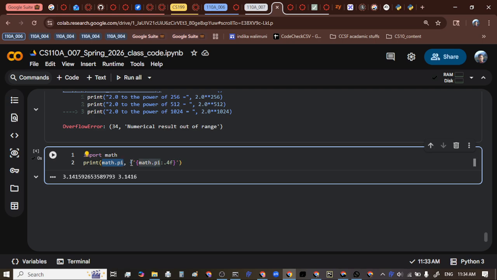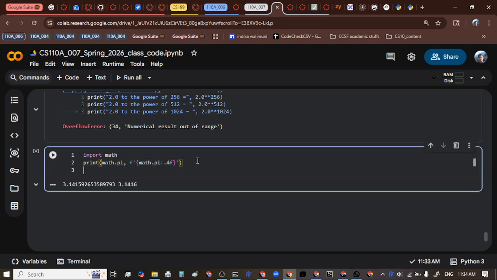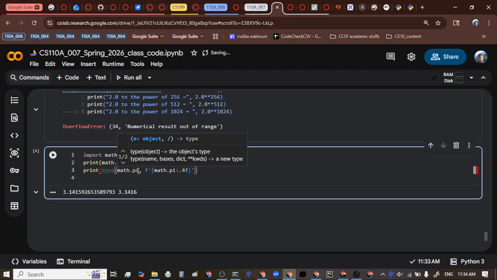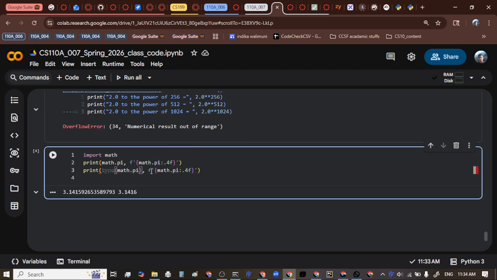So my question is, what is the type of this? Let's check that as well. How do we check the type? Yeah, it's the type function. So type.